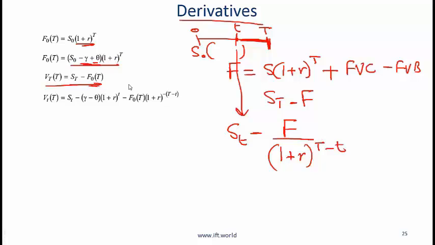Now what if we do have some benefits and some costs associated with the underlying? Then we factor those in just the way we factored them in with the forward price. So that's the expression for value when we do have a benefit and a cost associated with the underlying.